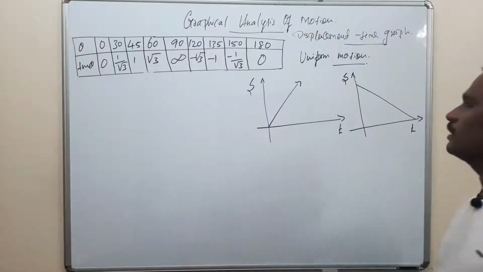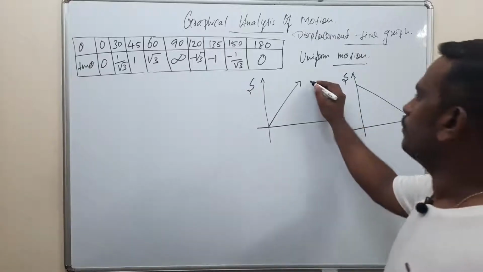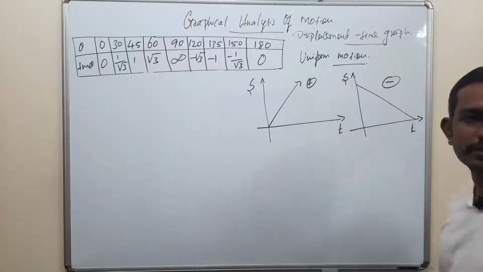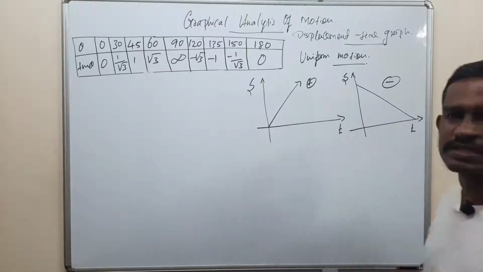Okay, so velocity positive constant, and negative constant. So what about the acceleration in the two cases?